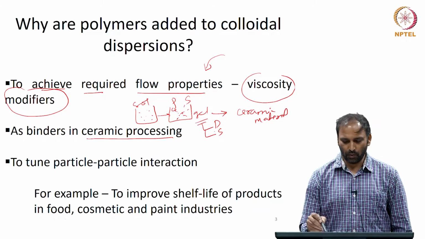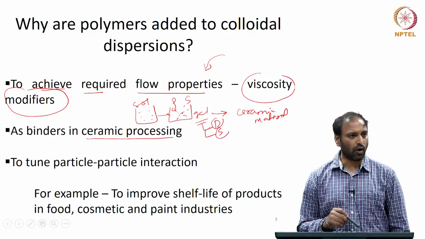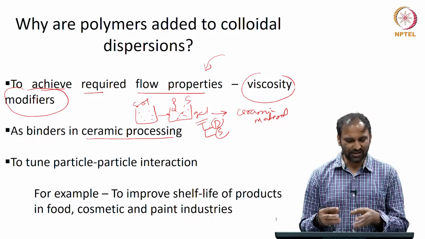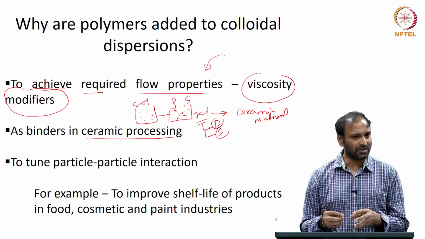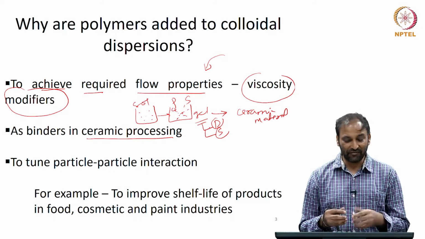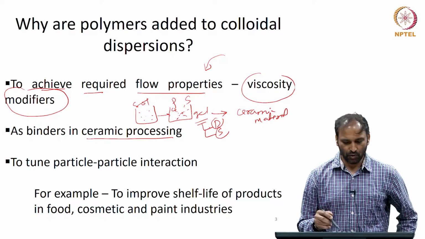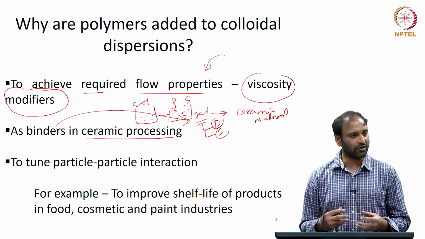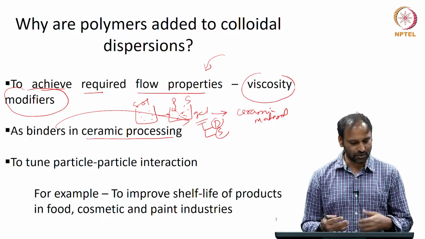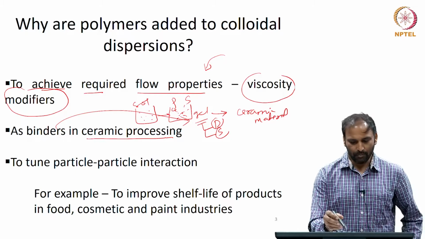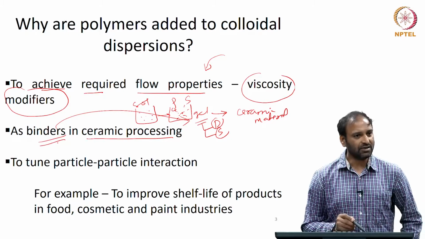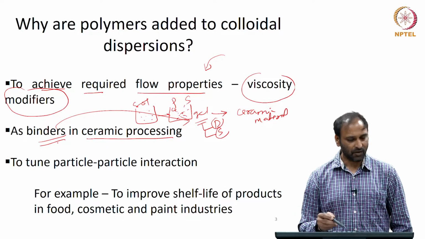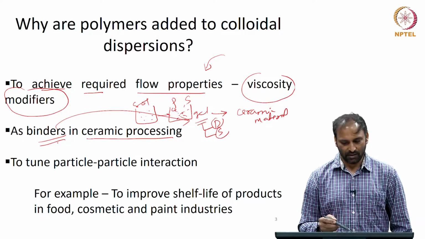Now, during drying or during sintering, because of the drying induced stresses, these materials don't hold together. There could be some cracks, there may be defects in the material that you develop. So, what binders do is they provide the right amount of adhesive forces between the particles. So, you will see a lot of applications where polymers are added as binders in ceramic processing, which is a method for obtaining porous materials or dense porous materials.